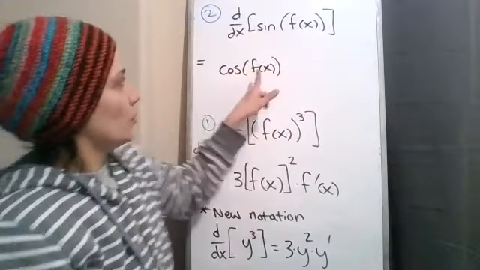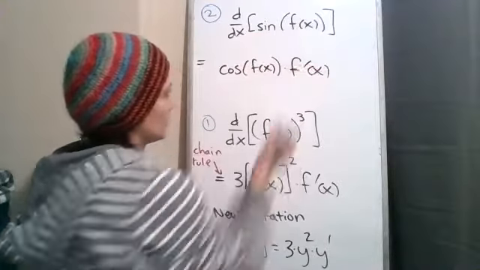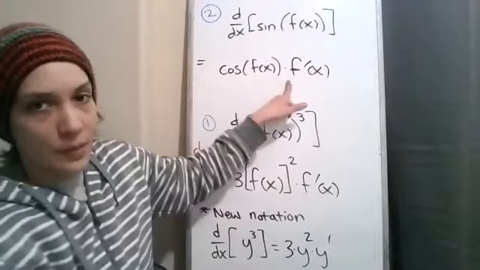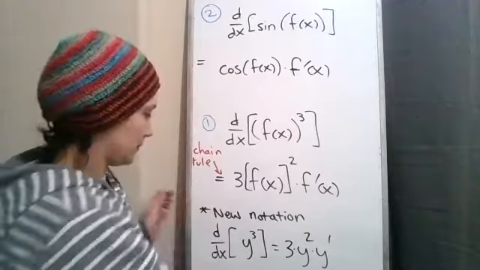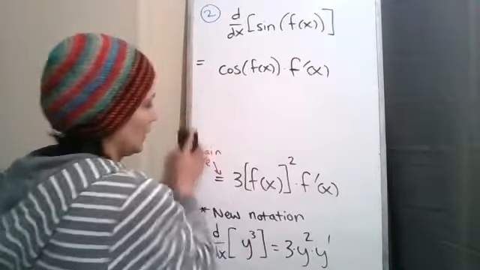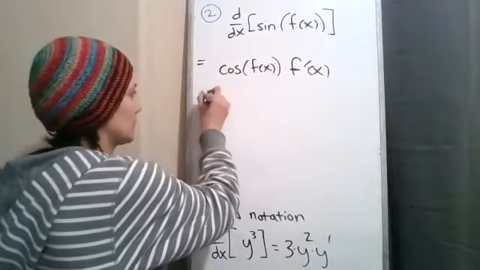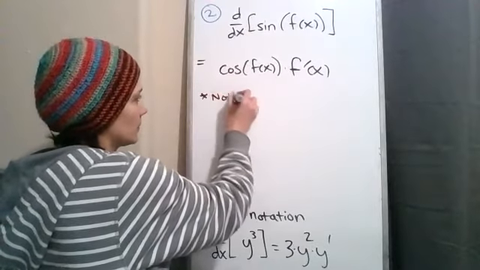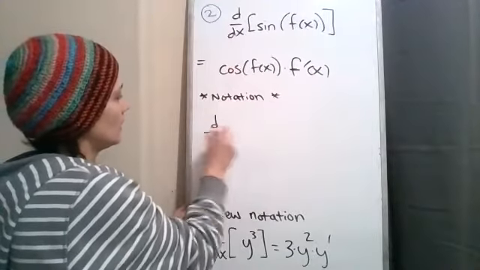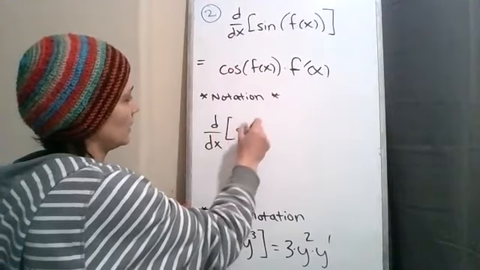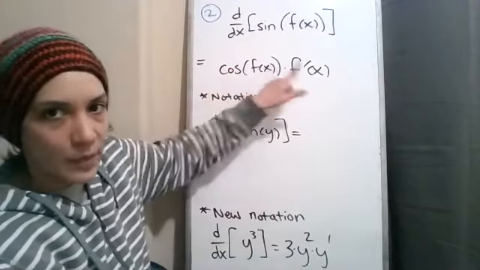And then multiply by the derivative of the inside function. And that comes from the chain rule. Okay, we're going to have some notation to write it more like this. d dx of sine of y equal to the cosine of y times y prime.